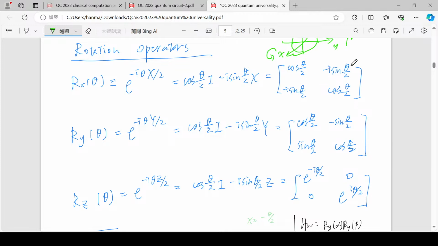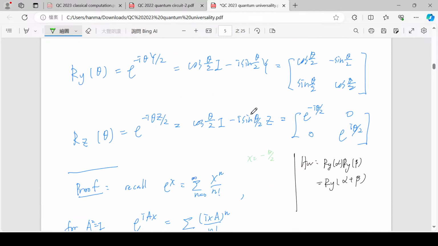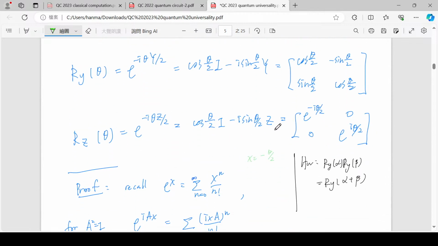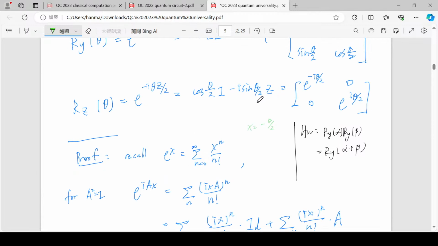Then you have off diagonal minus sine theta over 2 because it is X, and then Y is minus sine theta over 2 and sine theta over 2, and then Z is similar to what we had before.